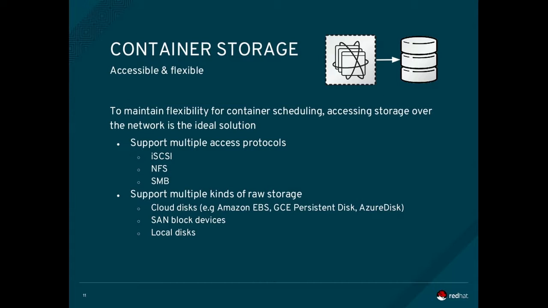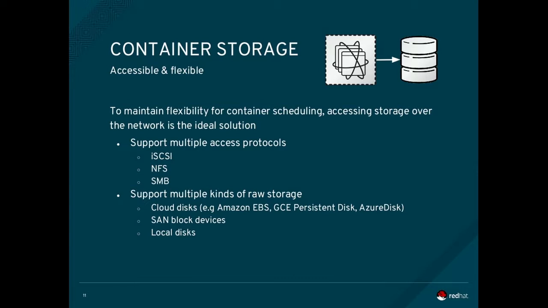It supports multiple access protocols in the front end. SMB is in the Linux space not so important, but NFS is one of the standard things to be used. Also, you can use block devices with iSCSI and then turn them into file systems, or you can use other SAN block devices from whatever storage appliance.